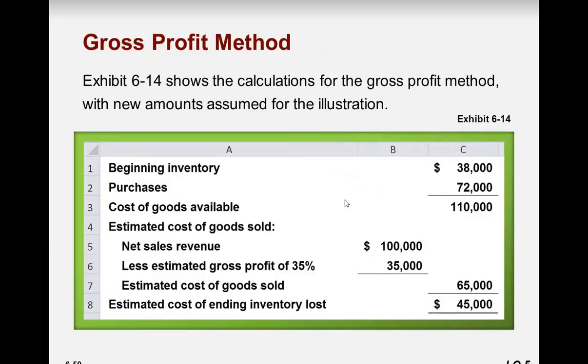You do have a homework problem with this, but it's beginning inventory plus your purchases. That gives, again, your goods available for sale. Can't sell it if I don't have it. If I have my sales revenue and I know that my gross profit is usually 35%, I can subtract that, and that gives me my estimated cost of goods sold, and then my inventory lost in this example of where I had lost inventory in some kind of disaster.